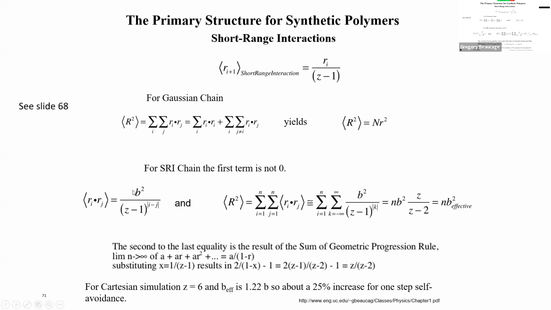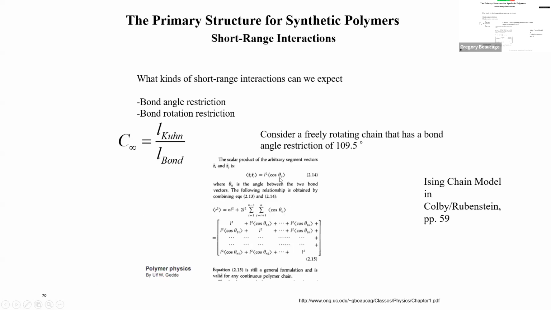But for the case where you have no back step, we have that thing, and then you can plug that into the double sum to get r squared, going through a little bit of math. So basically this sum function times b squared is this r dot r. When you have a bond angle restriction, that function is the cosine of your 109 degrees, or cosine of 180 minus 109, which is like 72, I think, 71, I guess.